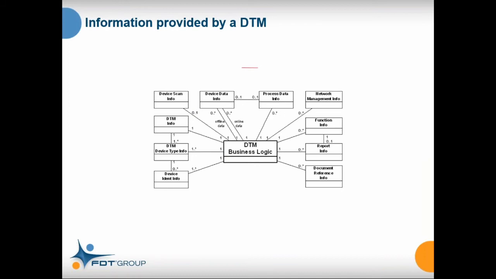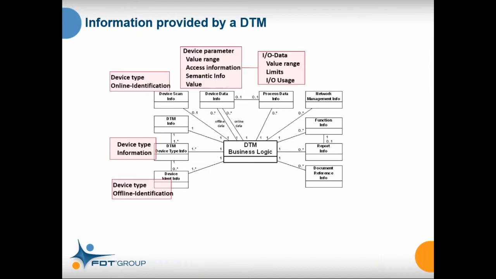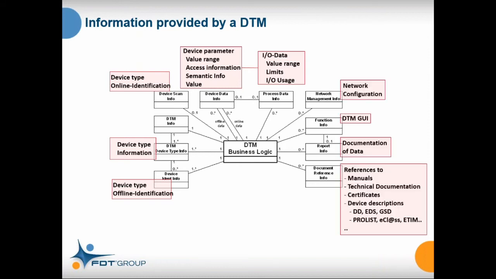The DTM exposes a lot of information about the device. The last part actually missing from what is shown here is that the DTM not only exposes information about the network, about the device type, about parameters, but also about the current status of the device. Next slide, please.